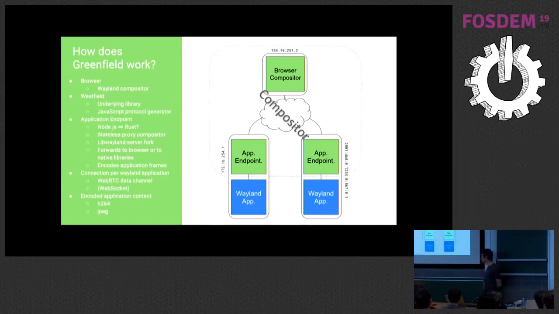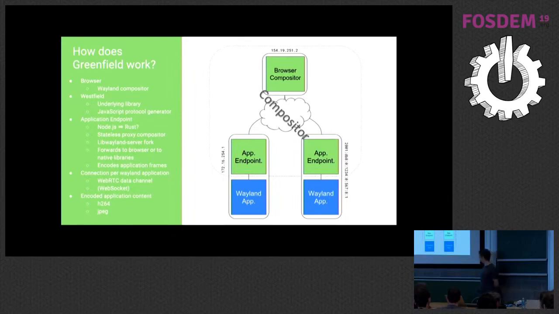So once an application wants to transfer frames to your browser, it's a bit silly to transfer the whole raw image over network. That would be quite slow. So we want to encode that, compress that, before we send it, so it's smaller. And that's also done by the application endpoint.